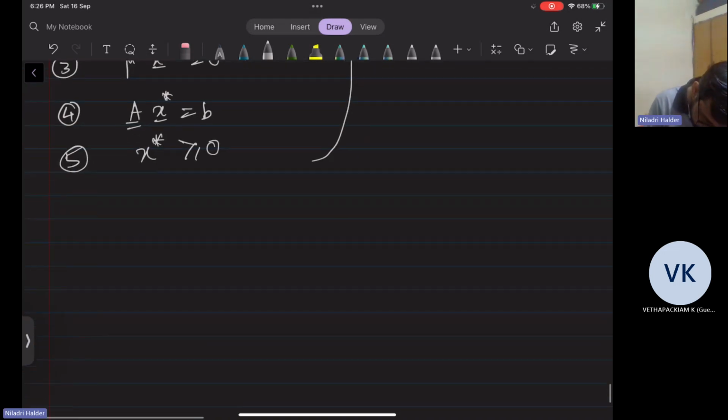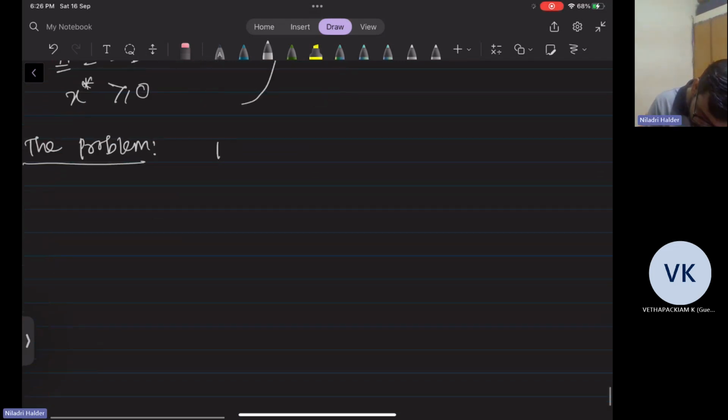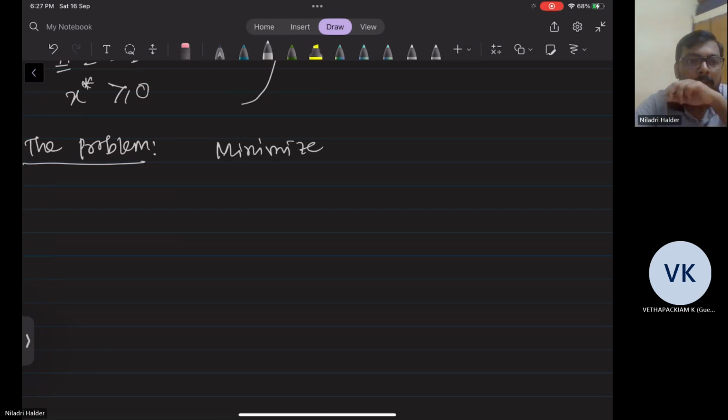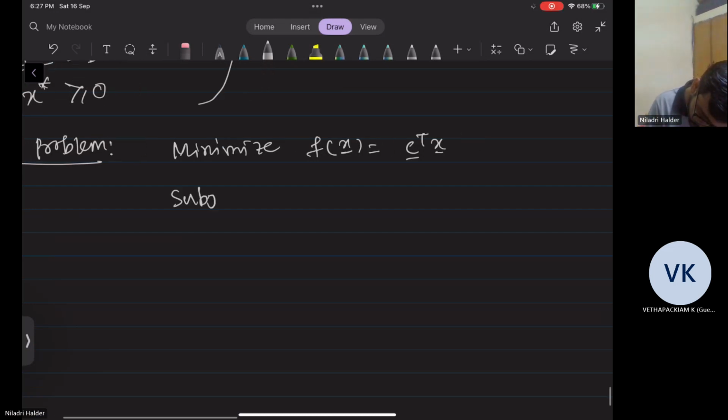Now, second problem, just the second problem: minimize p transpose x subject to Gx less than or equal to h.